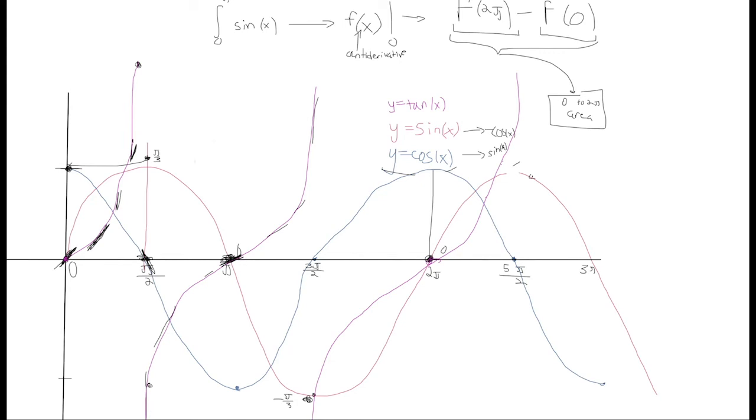Now let's look at the tangent functions. So let's graph the area under the curve for tangent. Right here at 0, it's going to have a value of 0, right? And then as we go on, it's going to get really, really big.